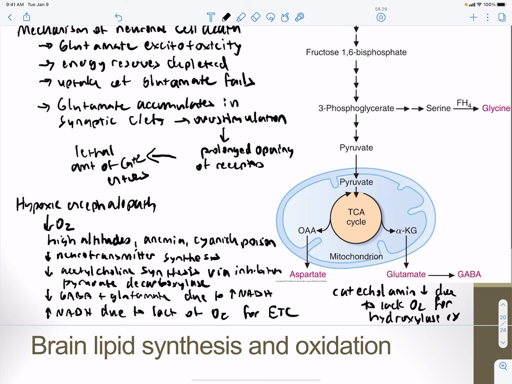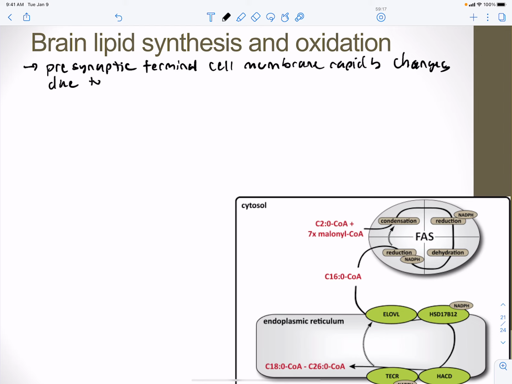So at the presynaptic terminal, you're going to have the cell membrane rapidly changing, and this is due to the fusion of the vesicles.